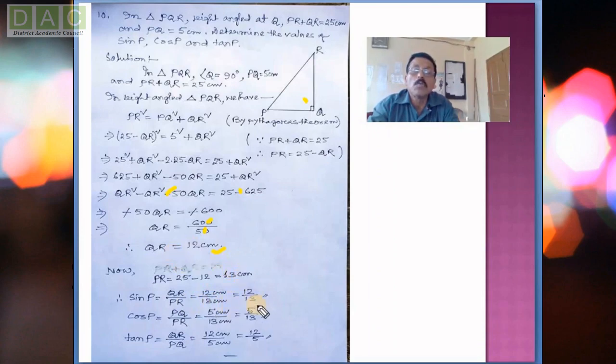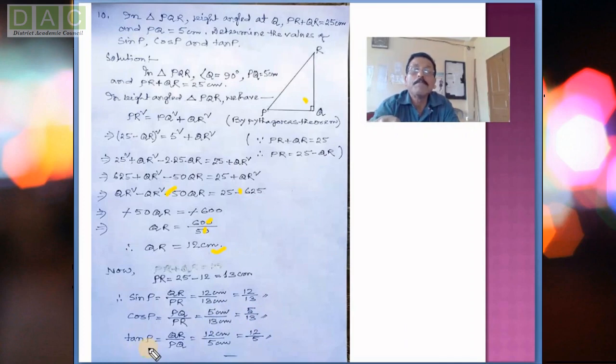So ultimately it is 12/13. Cos P is also the same: the side adjacent to angle P by the hypotenuse. P's adjacent side is PQ. So write PQ by PR. Now put the values of PQ and PR. You'll get 5/13.